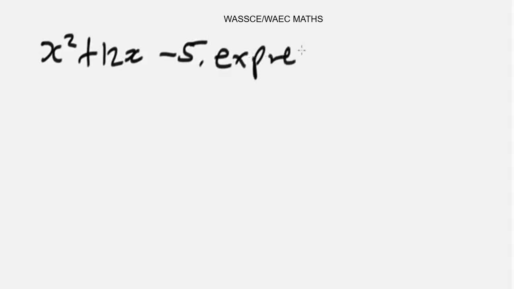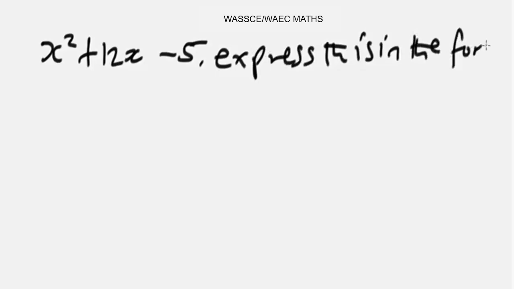Let's say we have x squared plus 12x minus 5, and we are asked to express this in the form of (x plus m) squared plus n.